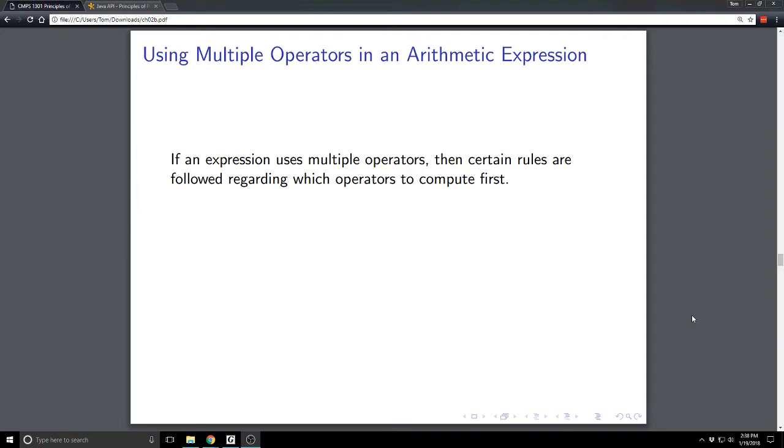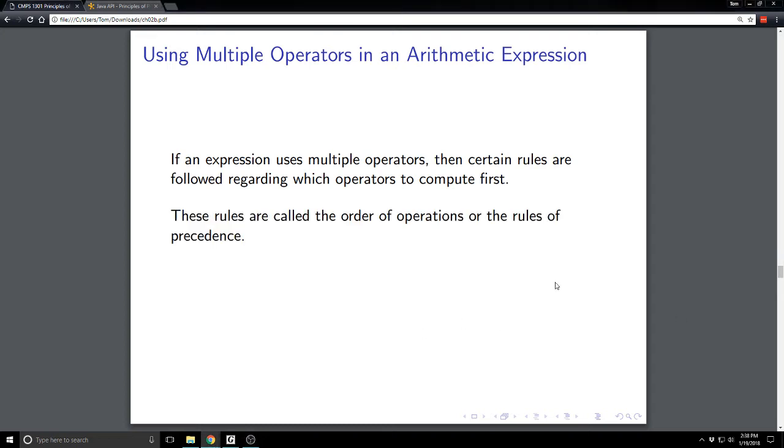Whenever you have that, there are rules that tell you how to evaluate those expressions or figure out what they boil down to. In math class, those would be called the order of operations. In Java or computer programming, they would probably be called the rules of precedence.